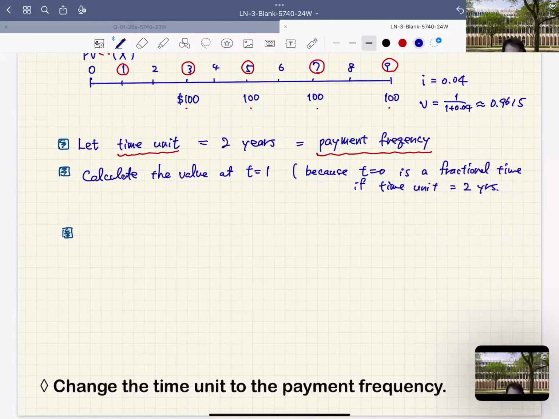Then after that, we translate it into t equal to 0. That is probably the best scenario.